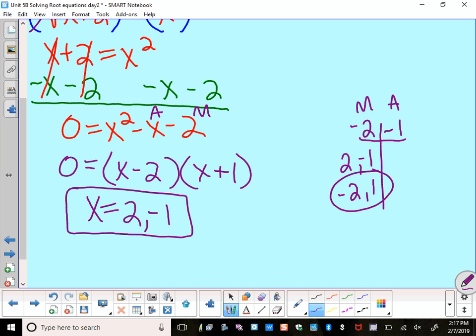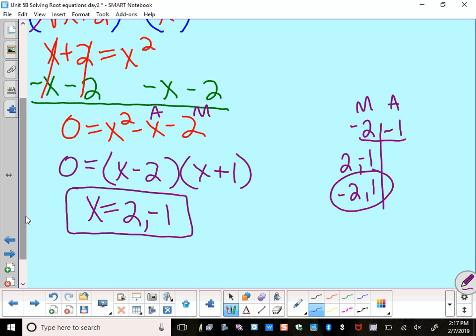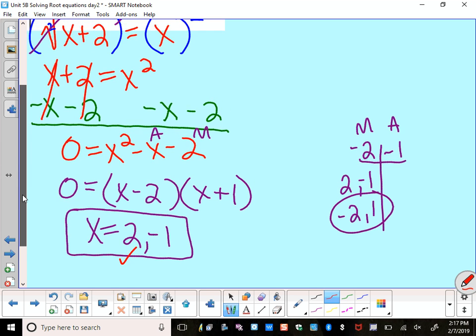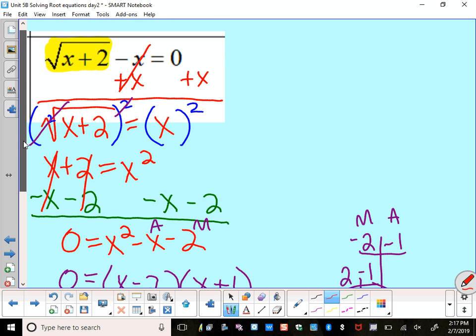If you were to check this in your calculator, you have to check both of them. It doesn't mean if you check the first one, the second one works. 2 will work. Let's see if -1 will work. -1 plus 2 gives me +1, square root. Sometimes it's just easier to write it.